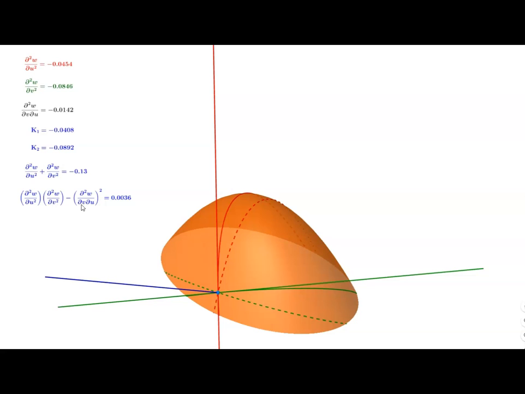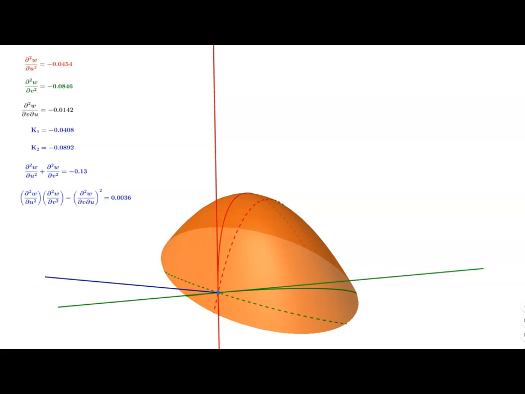And in this case, he defined this expression down here as Gaussian curvature. It's an invariant quantity. And all four of these quantities, the principal curvatures, the two of those, the mean curvature, and the Gaussian curvature, are invariant quantities. They are quantities that are properties of the surface itself at this point.